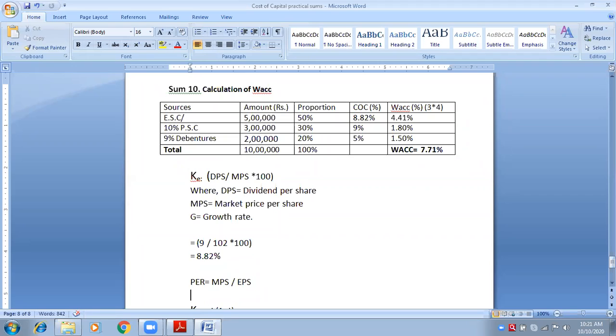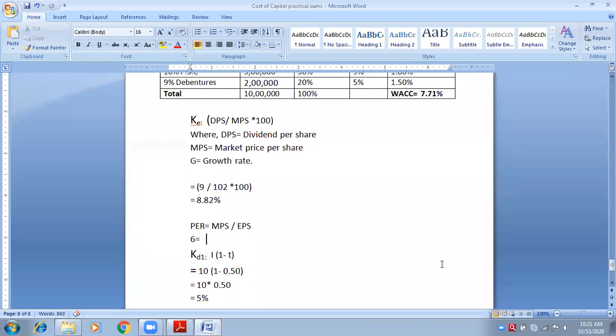Now what is the price earning ratio? It is given 6. Market price is also given. It says market price is equal to face value. Because face value is not given, assume it as 10 rupees. So it will be 10 divided by EPS, I don't know EPS, so let it be EPS only. Cross multiplication.